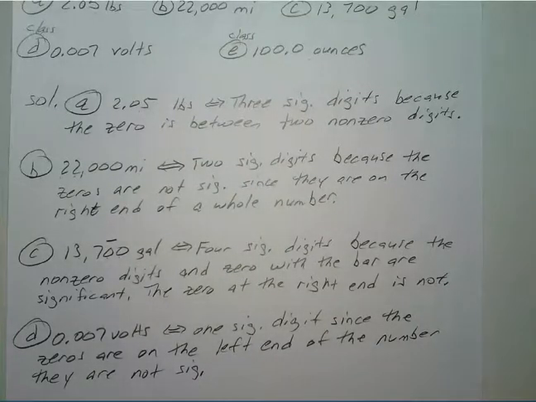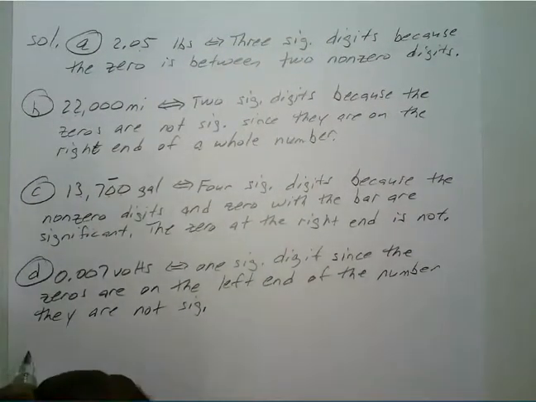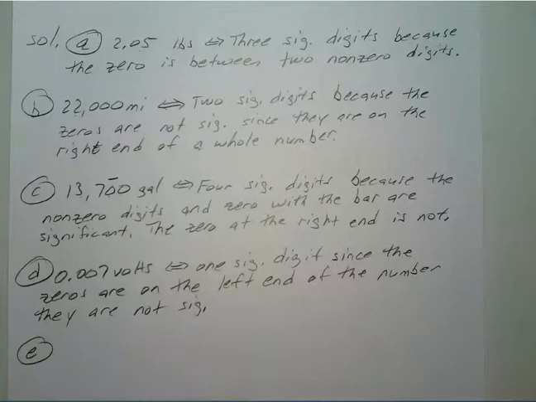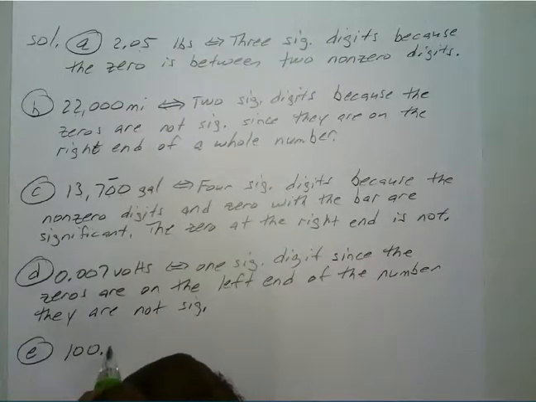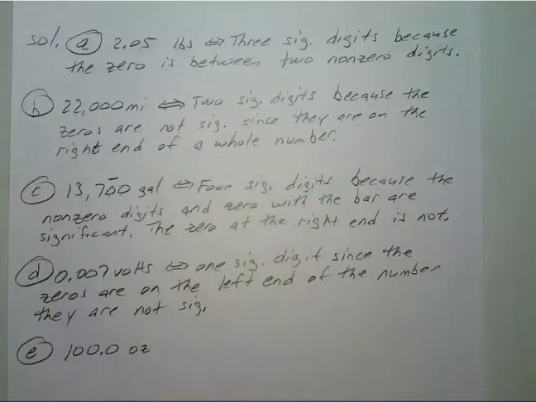Okay, and we have E. You have 100.0 ounces. Now, instead of ounces, I'll just write OZ. Okay, now this one may be a little bit tricky.